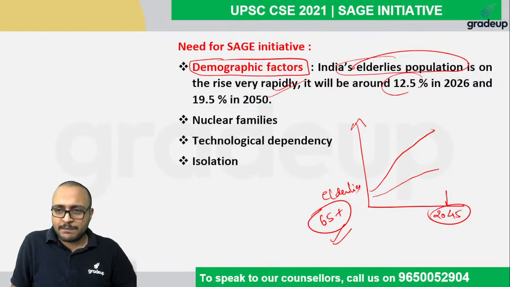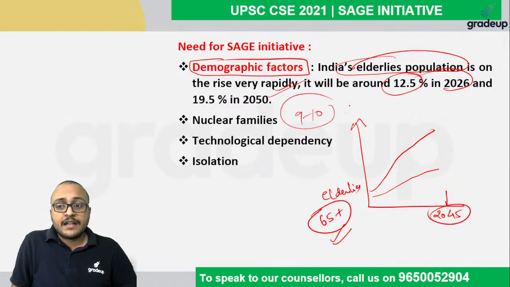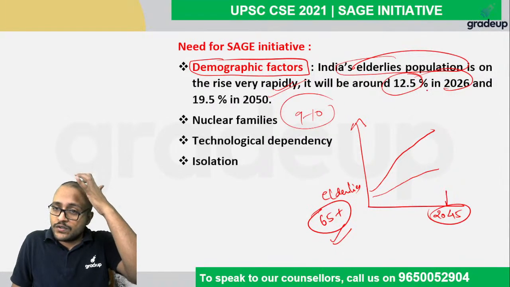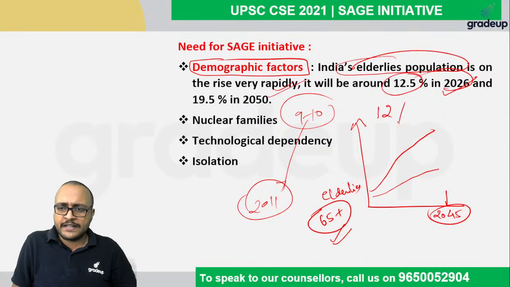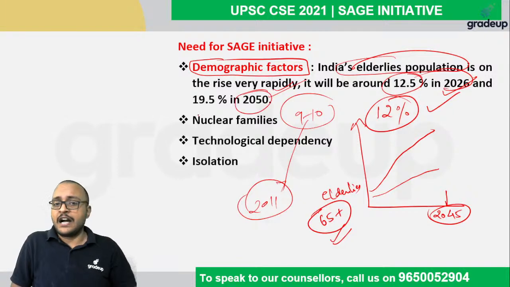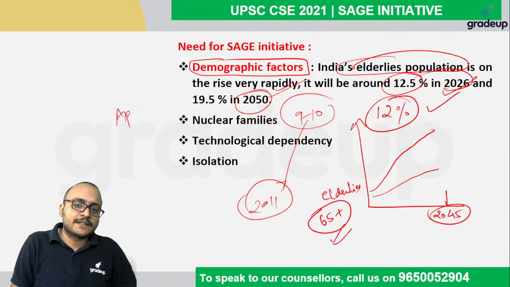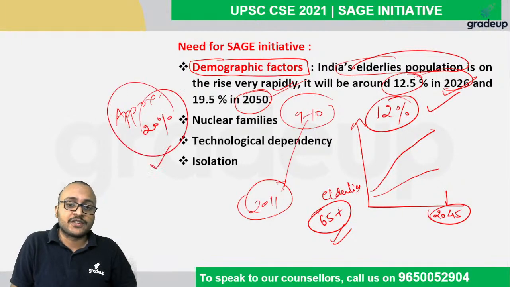Currently it's around 10% or something, 9%. It's going to be somewhere close to 12.5% in 2026. Guys, this is the data of 2011, so it's very old. You can safely consider that currently it is also around 12%. In 2050, however, it is going to be approximately 20% of the total population.